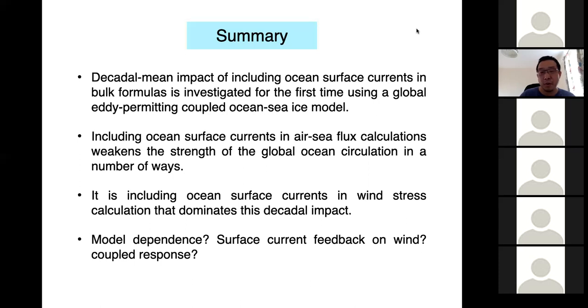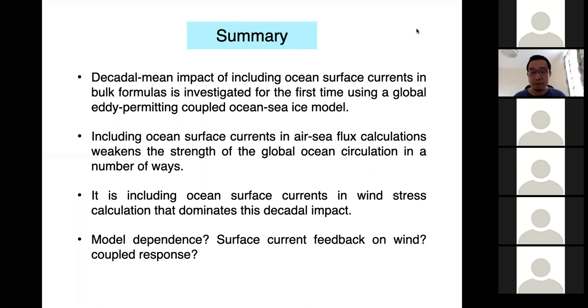But if the model is biased, whether including the ocean surface current can improve that, it may not, because the model could be wrong for all kinds of reasons. So just including this relative wind stress effect may improve the model, or it may make it worse. But what we are looking at is really to assess how important this effect is.